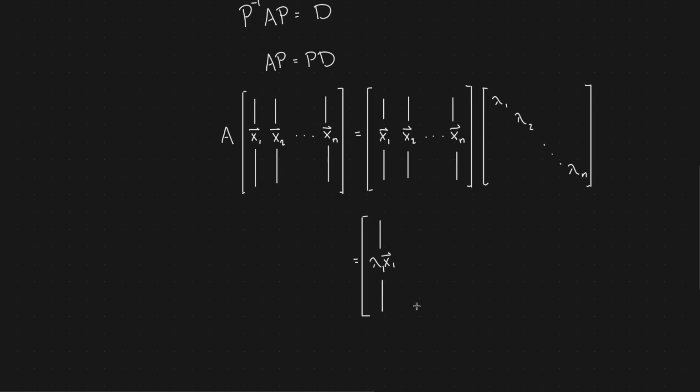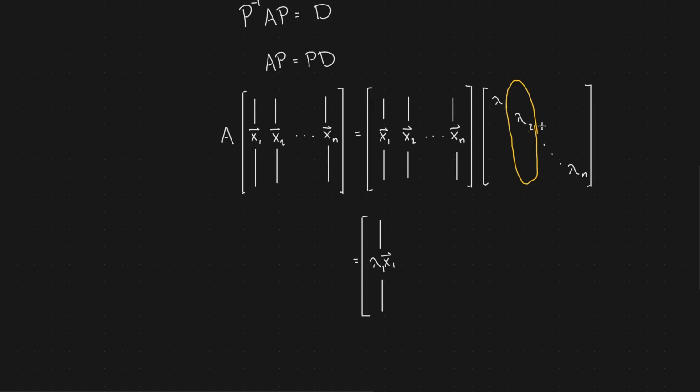Okay? And I can actually do that for every column. If I want column 2 of my product matrix, that means I want all the products involving the second column in the second matrix. Now, the only non-zero entry is lambda 2, and that's in row 2, column 2.